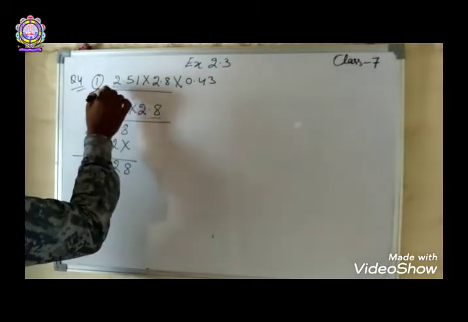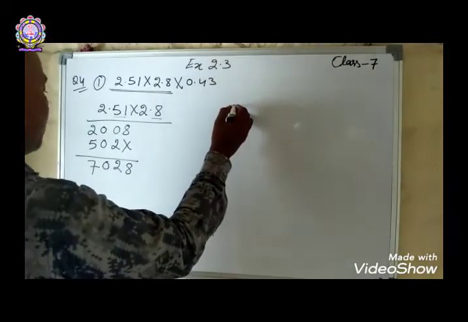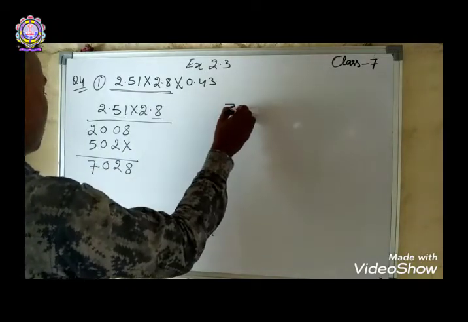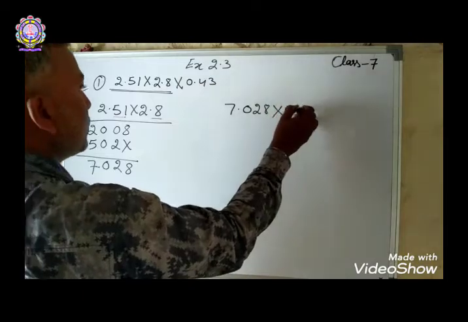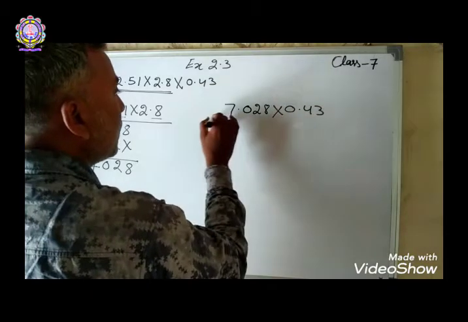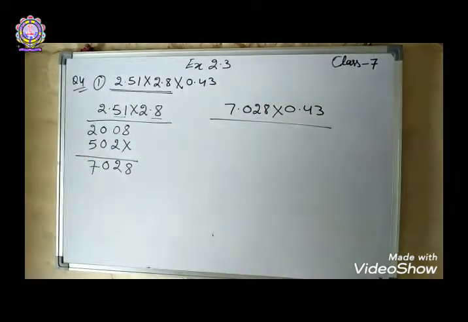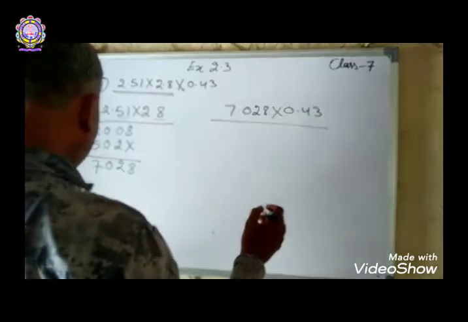So the answer of these two, we multiply here, 7.028, again multiply by 0.43. Now 3 8s are 24.